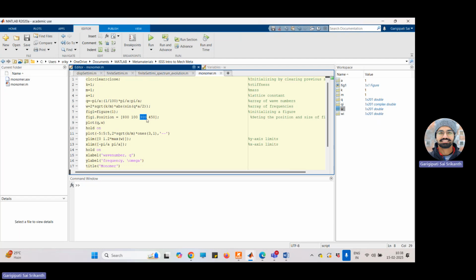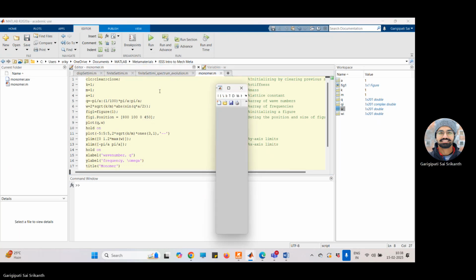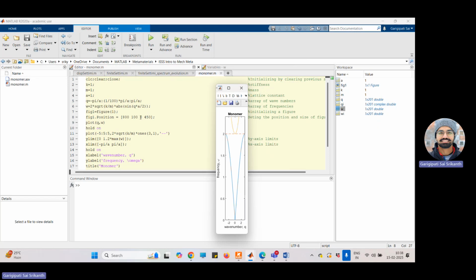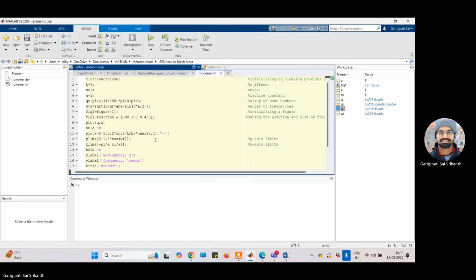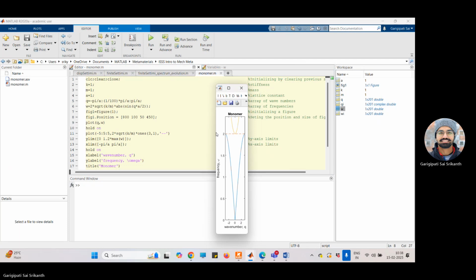What if we make this 0? See what happens. Yeah. So this is the width, the x width. We make it 50. No change. So basically, width can't be 0 because MATLAB has put certain constraints from its side.